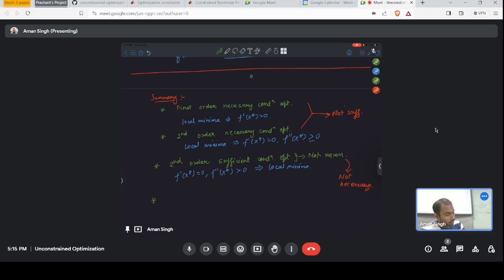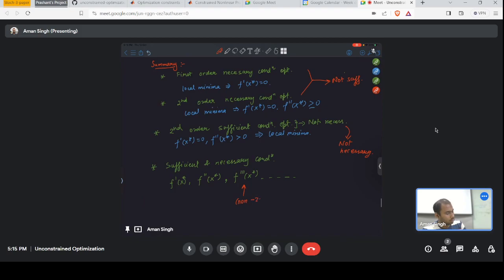So we said that we'll go on deriving the objective function, and the first non-zero element of this sequence should be positive, and if it is on the even position, then x* is a local minima.